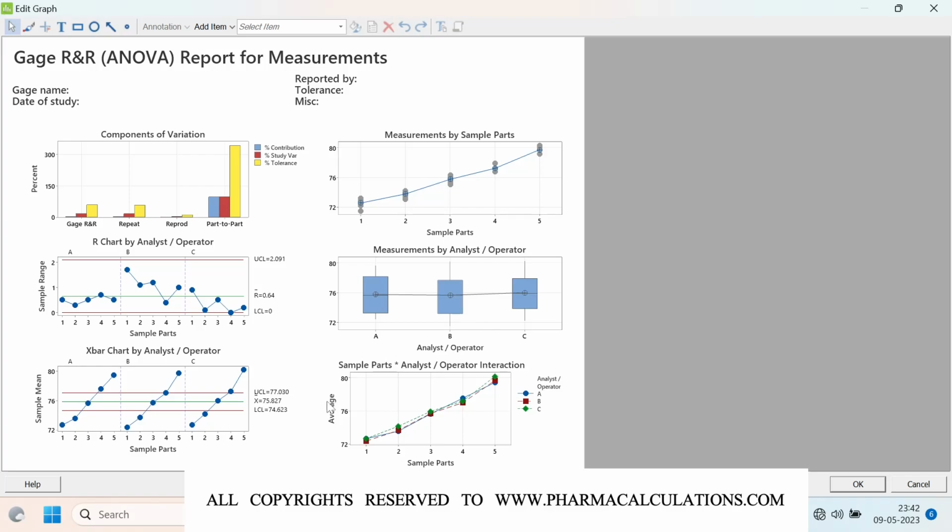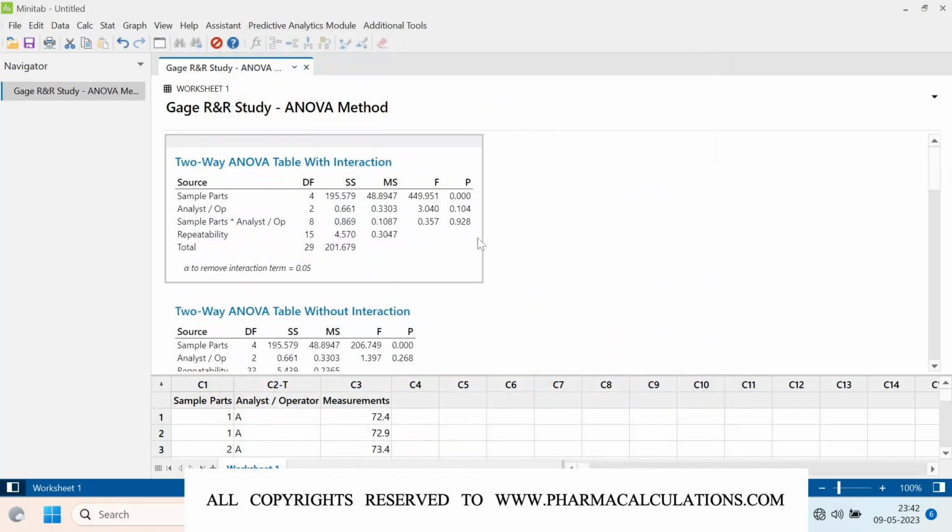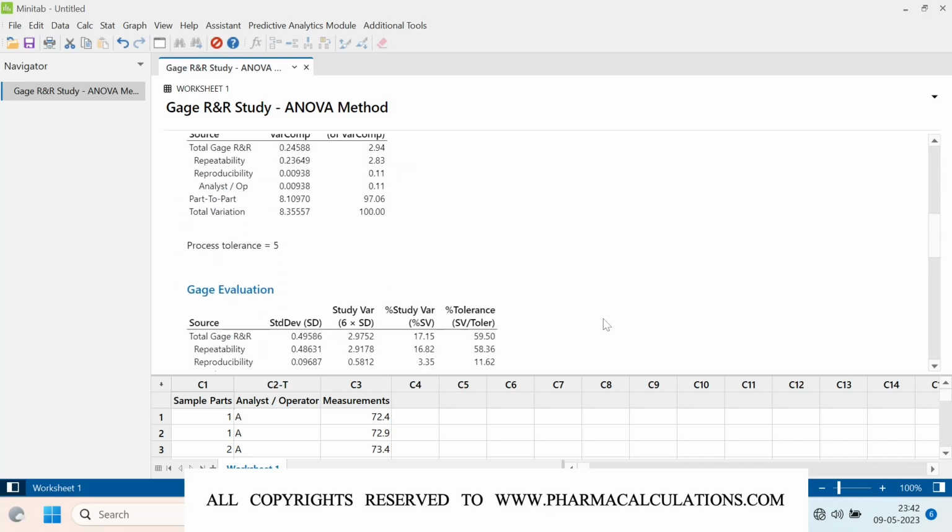And finally, the interaction of sample parts and the operator. Like the p-value we have seen here, it is 0.928 for the interaction between sample parts and the analyst.